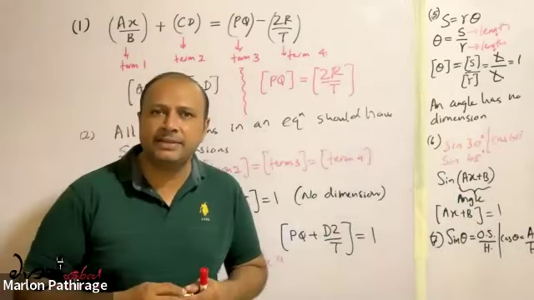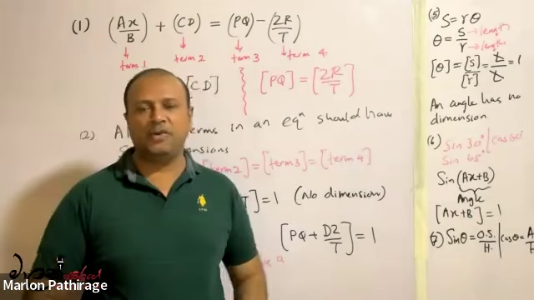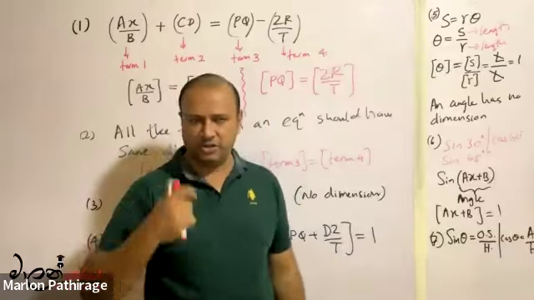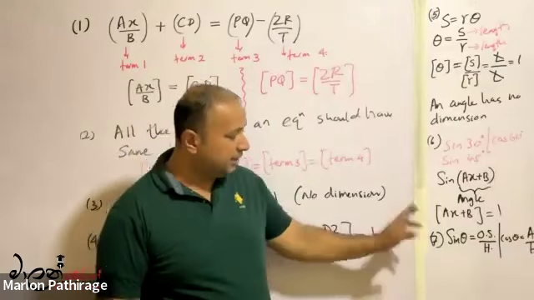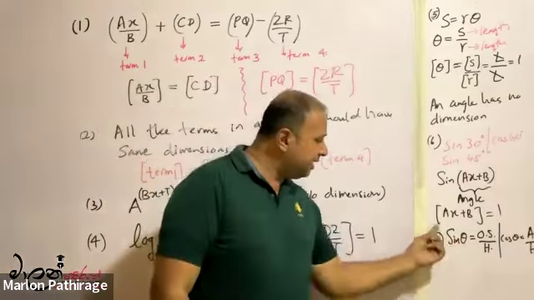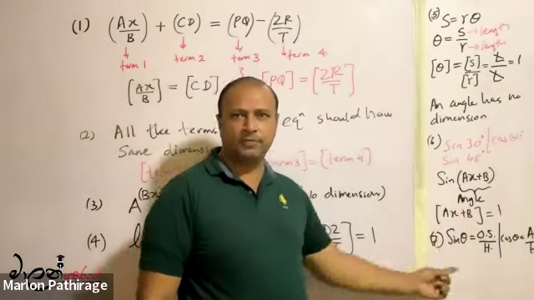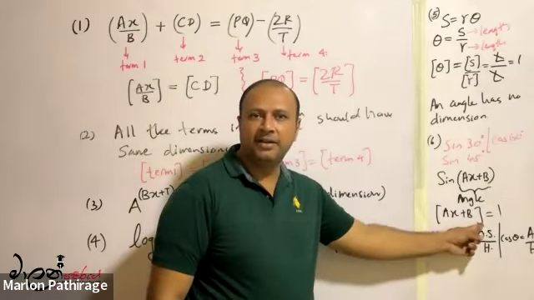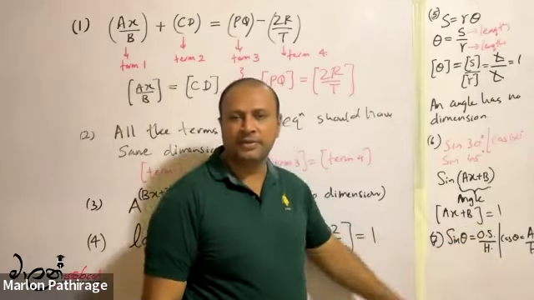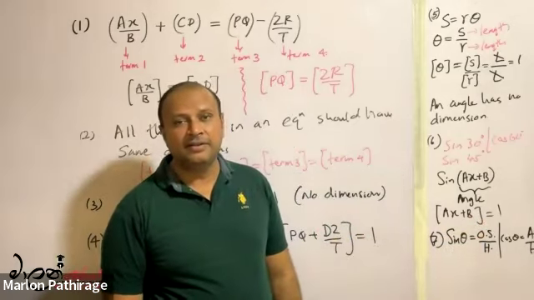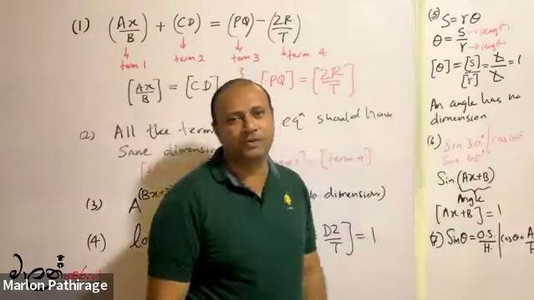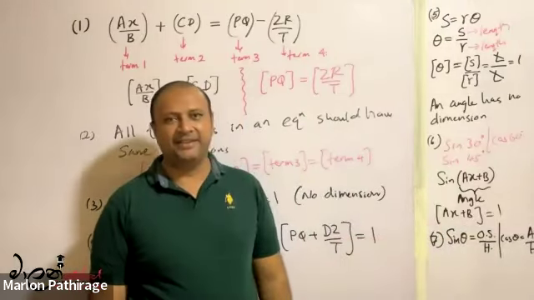Tan theta means adjacent side over opposite side. Therefore, if we consider any trigonometric function or ratio, the entire ratio is a ratio between two lengths.